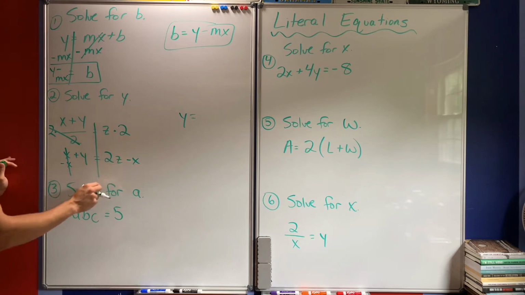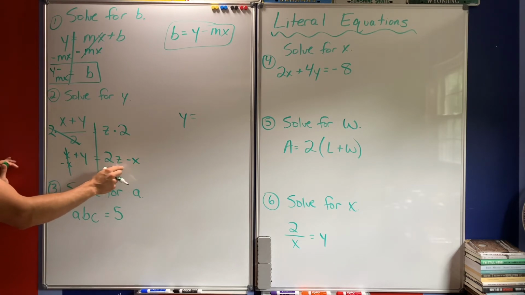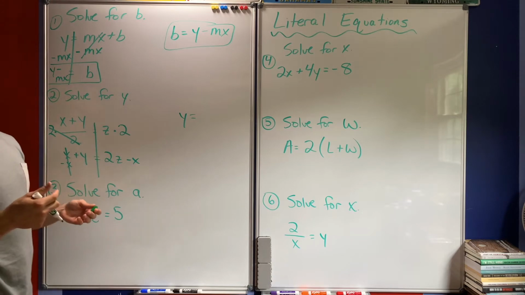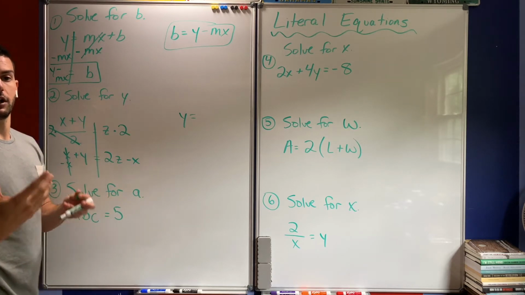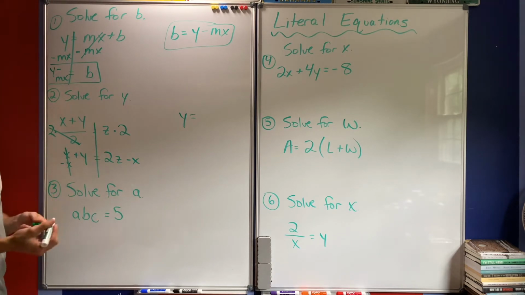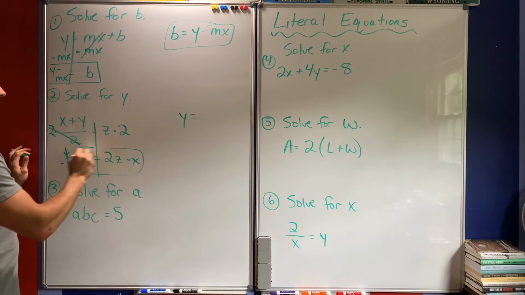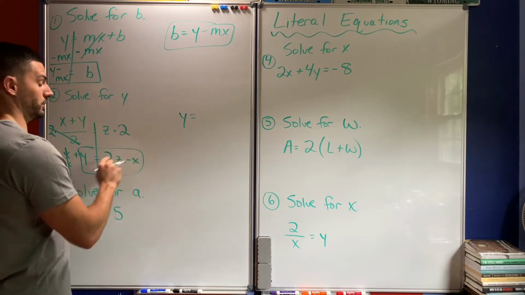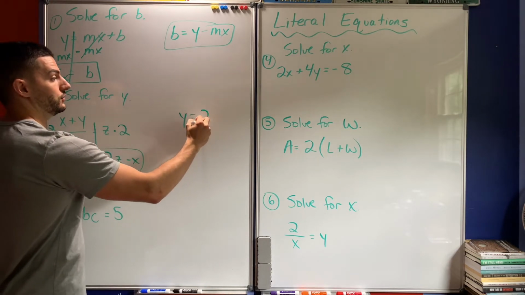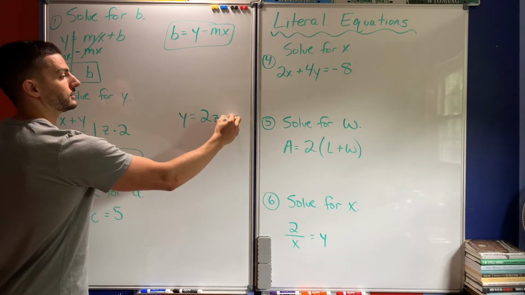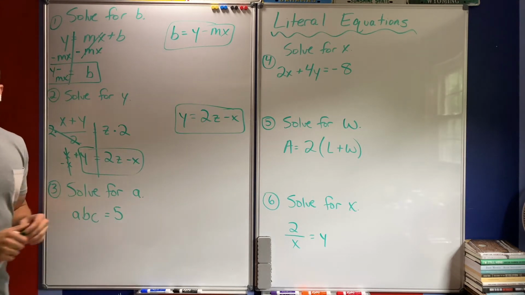And again, I wrote it like this because I'm not able to combine these. 2z minus x, those are 2 different unknown values. So I'm not able to cancel those. So really this right here is going to be all that's left, y equals 2z minus x would be my final answer there.